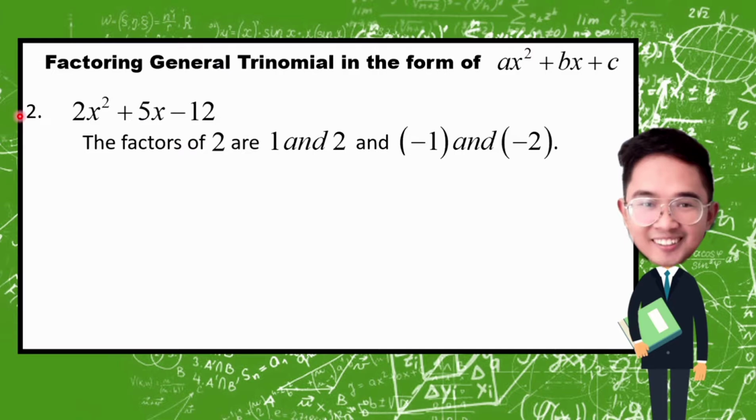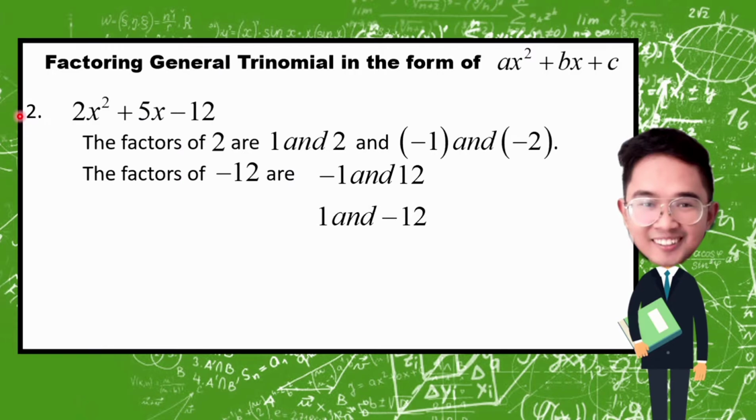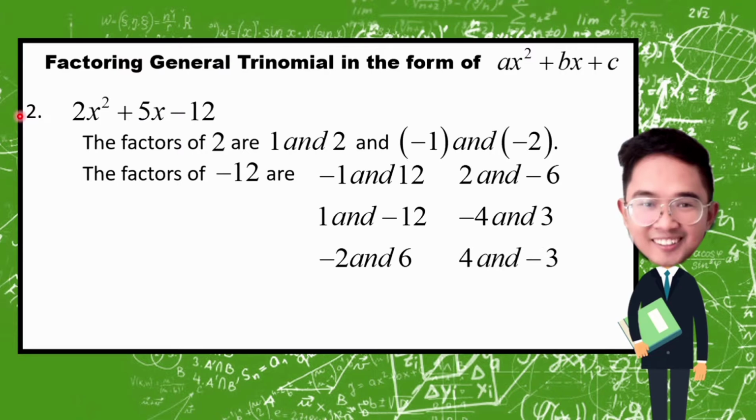How about the factors of the last term, which is negative 12? The factors are negative 1 and 12, 1 and negative 12, negative 2 and 6, 2 and negative 6, negative 4 and 3, and lastly 4 and negative 3.